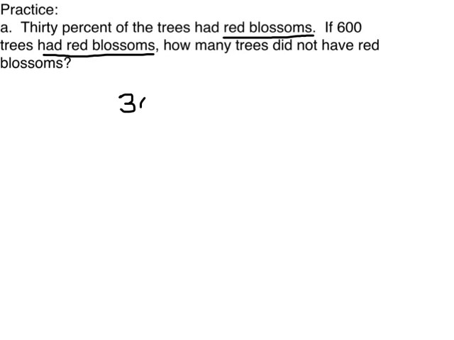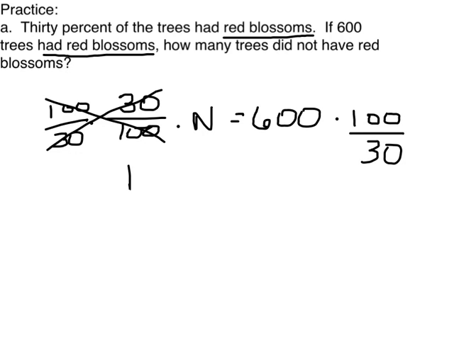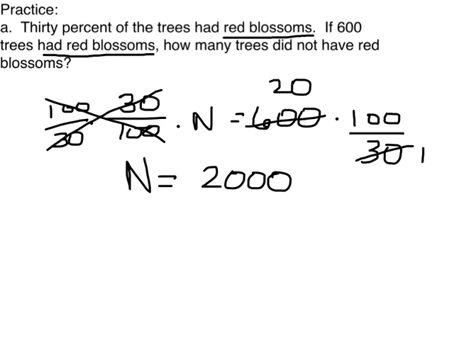So 30% of what number equals 600? We're going to multiply by the reciprocal. And then we cross cancel these out, and n is by itself. And 30 will go into 30 1 time and into 600 20 times. And 20 times 100 is 2,000.